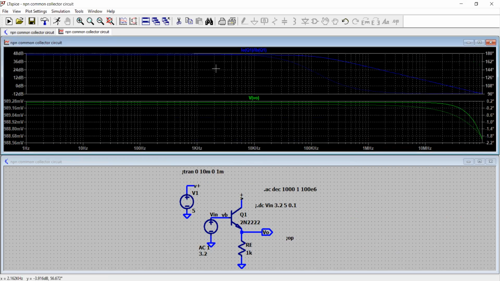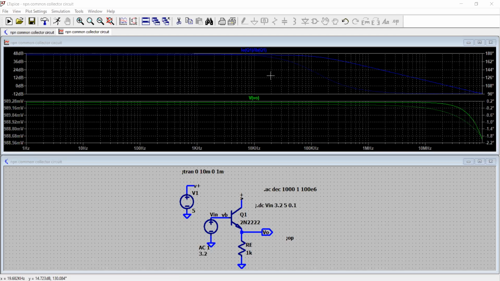Yeah, so is basically the current gain of this transistor would be like this or not. Let me cross check that. That's correct. In fact, I should simulate it so that output current is IE and input current is IB.